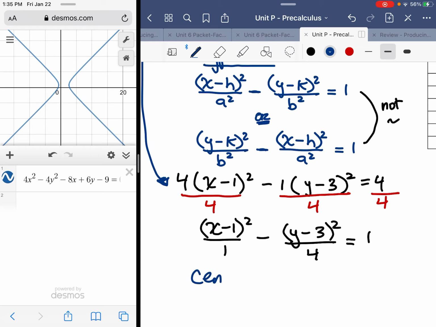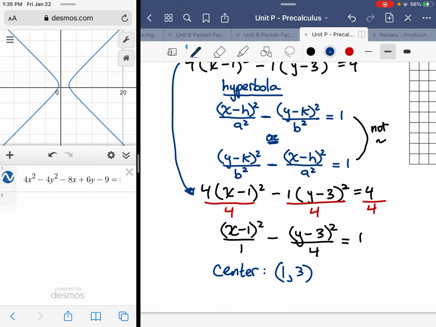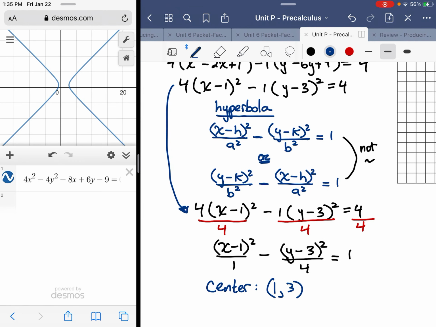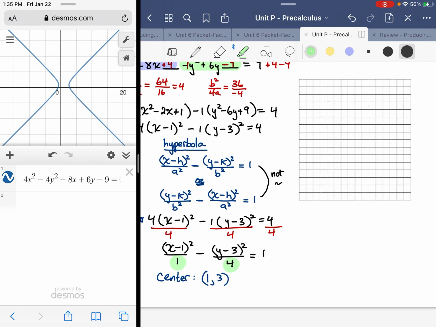All right, the center is the h and k value. All right, so in this case, it's going to be 1 and 3. All right, so that's similar to an ellipse. All right, so that part is fine. We're going to have a horizontal and vertical change based off of the a and the b values, related to the denominators.